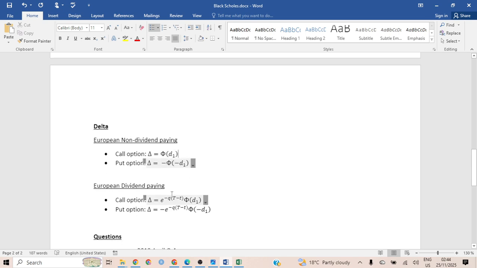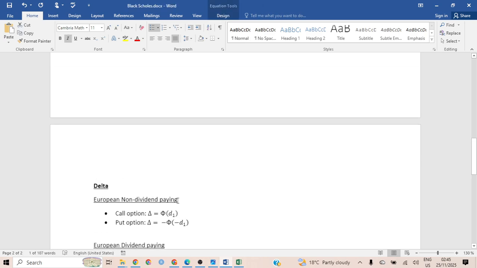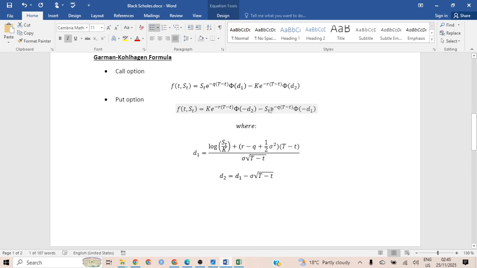For the European dividend paying option, it's almost the same, but now of course we have to account for dividends, which again is accounted for using this formula here. It's just the same formula that was used in the Garman-Kohlhagen formula, this part here.